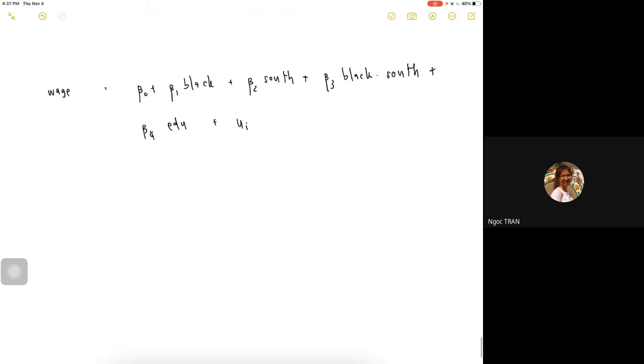Okay, so from your lecture, I think you can remember that if you have two dummy variables, you can separate into different cases. In this case, you will see that we have two dummy variables here, one for non-white people and also one for people who live in the south part of the United States, right? So you can generate different cases.